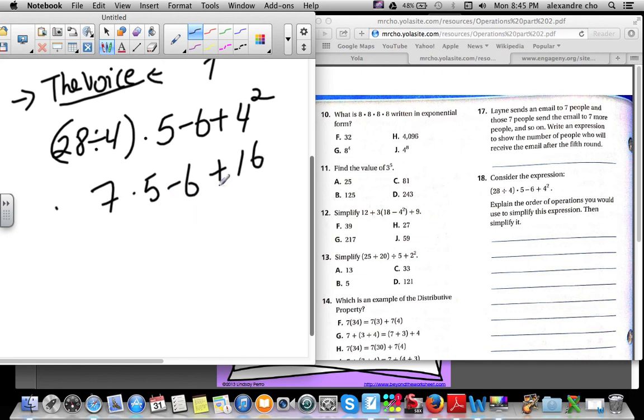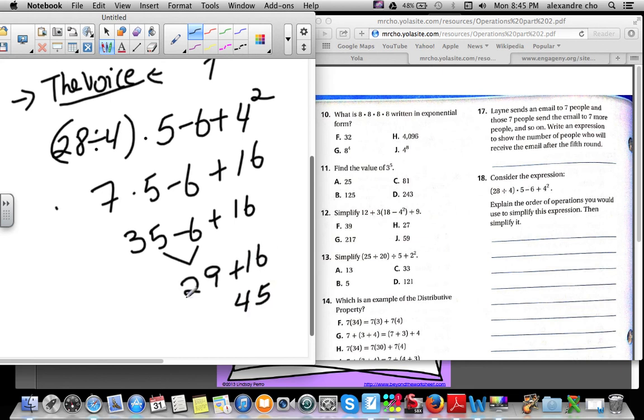Now I'm left with one multiplication, one subtraction, one addition. I can do multiplication. I have to. 7 times 5, 35, minus 6 plus 16. Now it's a choice between subtraction and addition. I do whichever one comes from left to right. 35 minus 6 is 29, plus 16, and that gives me 45.